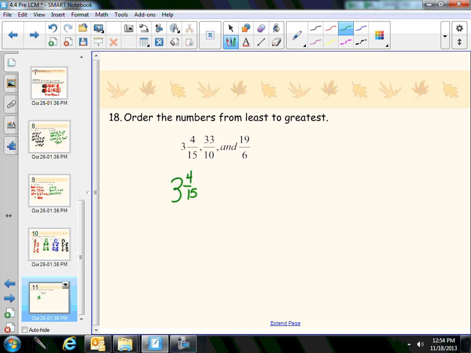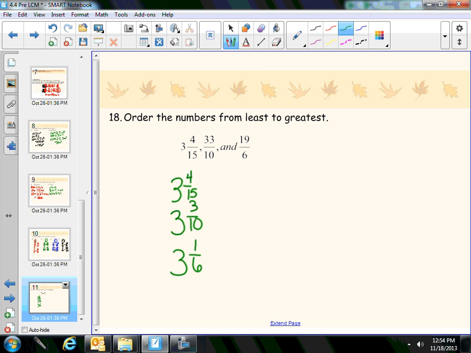This is like a division problem. 33 divided by 10. 10 goes in there 3 times with 3 left over. 3 times 10 is 30, plus the 3 is 33, so you get 3 and 3/10. And our last fraction, an improper fraction, is 19 over 6. 19 divided by 6. 6 goes in there 3 times with 1 left over.